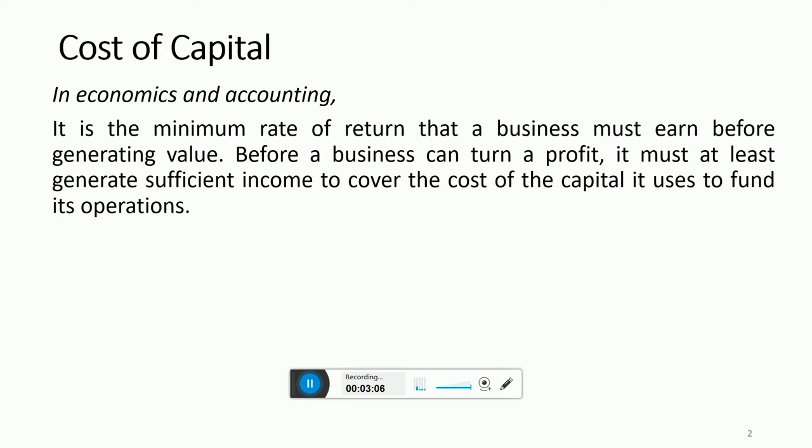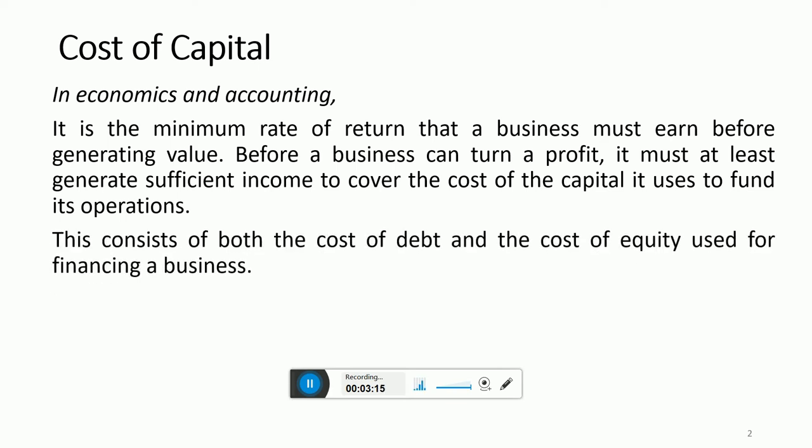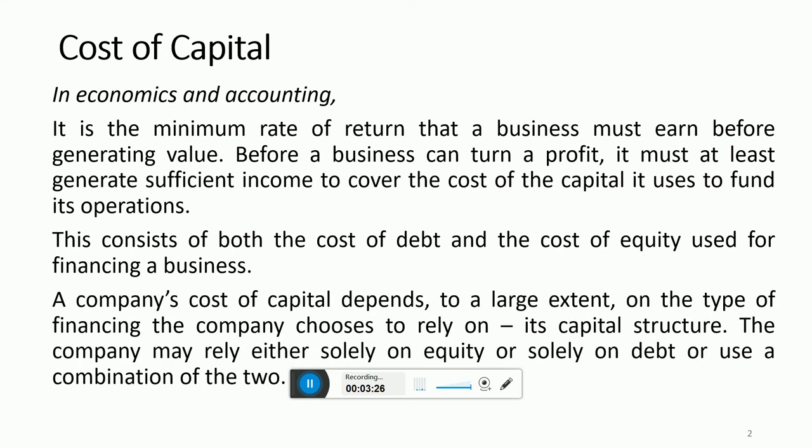Before a business can turn a profit, it must at least generate sufficient income to cover the cost of the capital it uses to fund its operations. This consists of both the cost of debt and the cost of equity used for financing a business. The concept of equity we will discuss in our next slide.